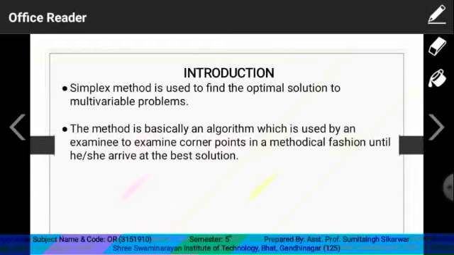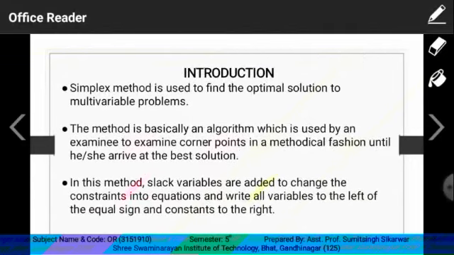In this method, the slack variables are added to change the constraints into equations, and we write all these variables to the left of the equal sign, and the constants are written to the right of the equation.